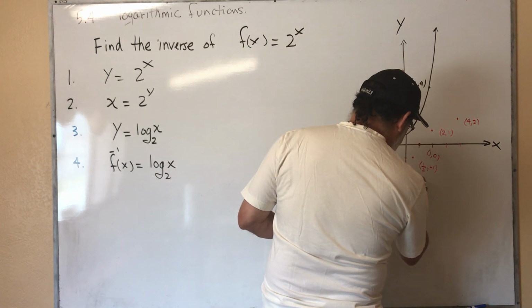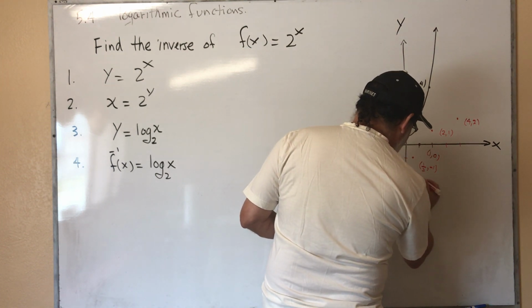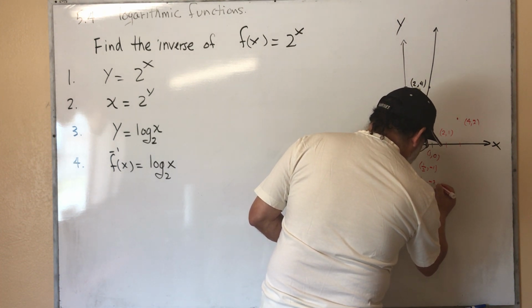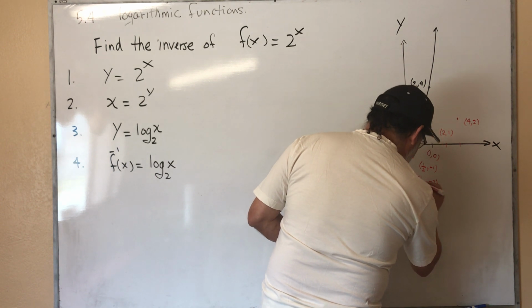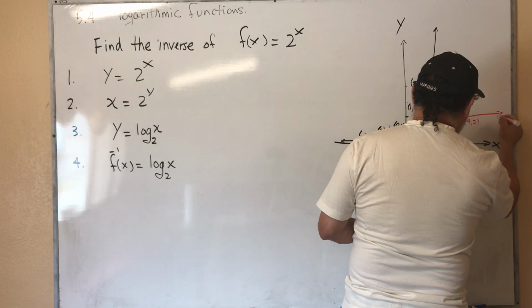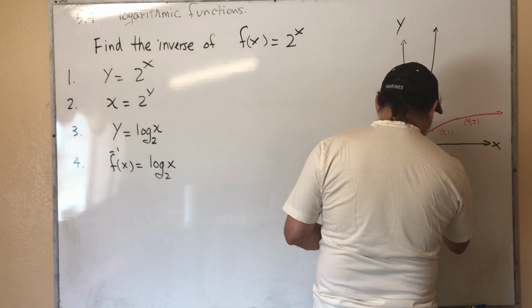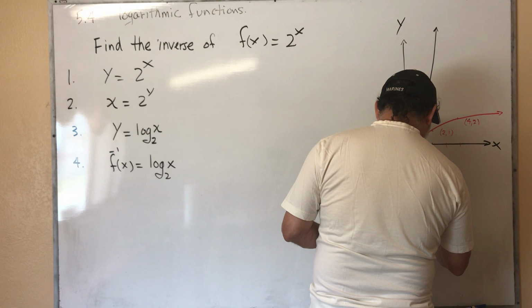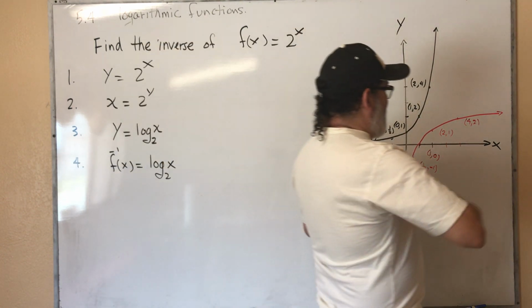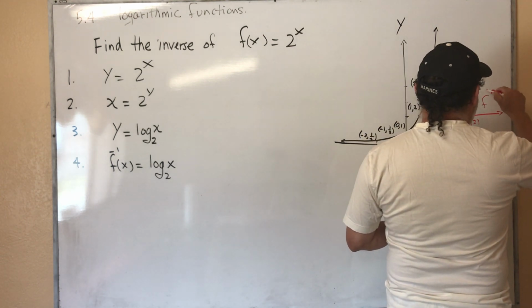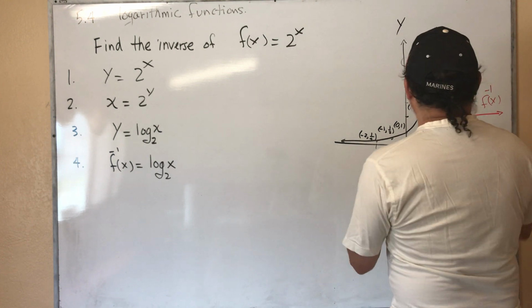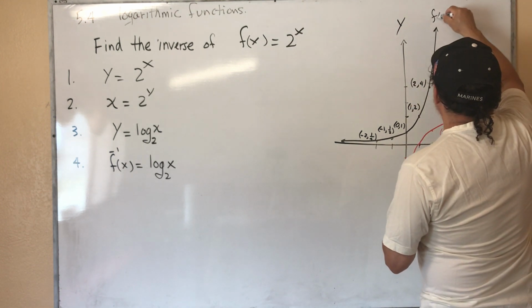And so therefore, this is the inverse right here. This is f inverse of x, and this is f of x.